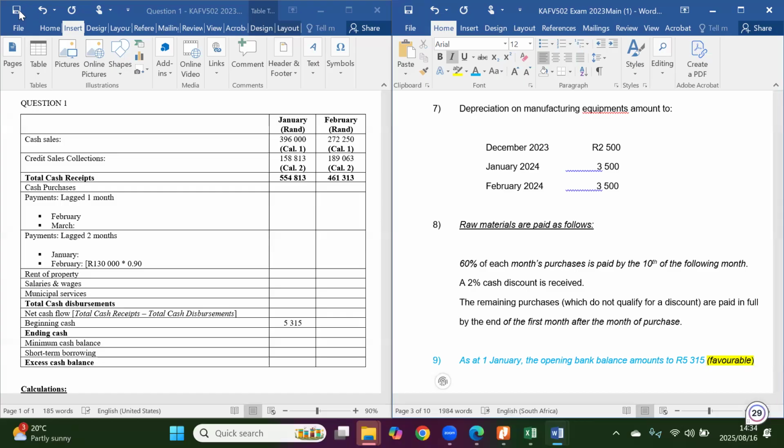So that means if I pay in January, I will get that 2% discount. If I paid on the 10th of January, then if I paid next month, which is February, I don't get the discount.